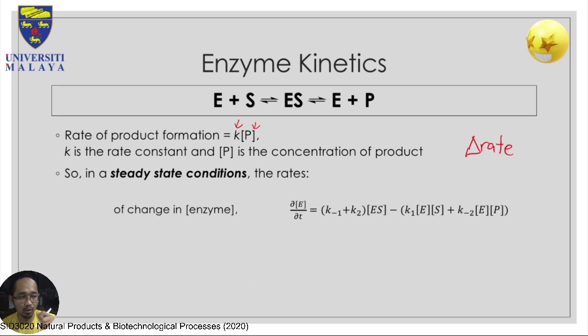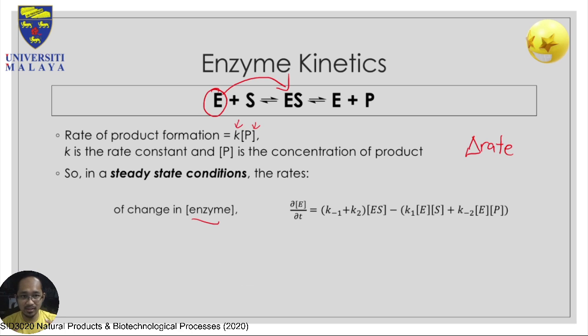The delta sign or triangle sign means change of rate for the enzymes. The enzyme originally is just the enzyme, now producing the enzyme substrate complex. So the free enzyme in the system is now converted to not a free enzyme anymore, because it's bound, forming a complex with the substrate.